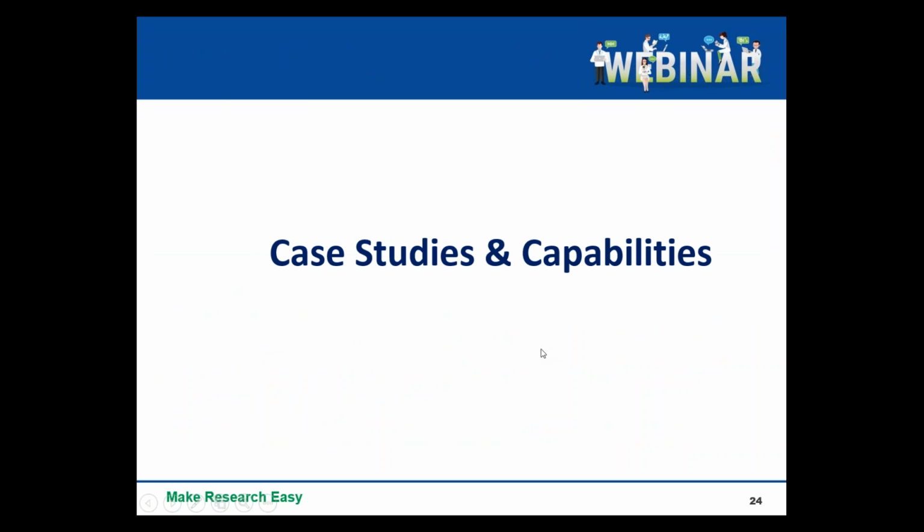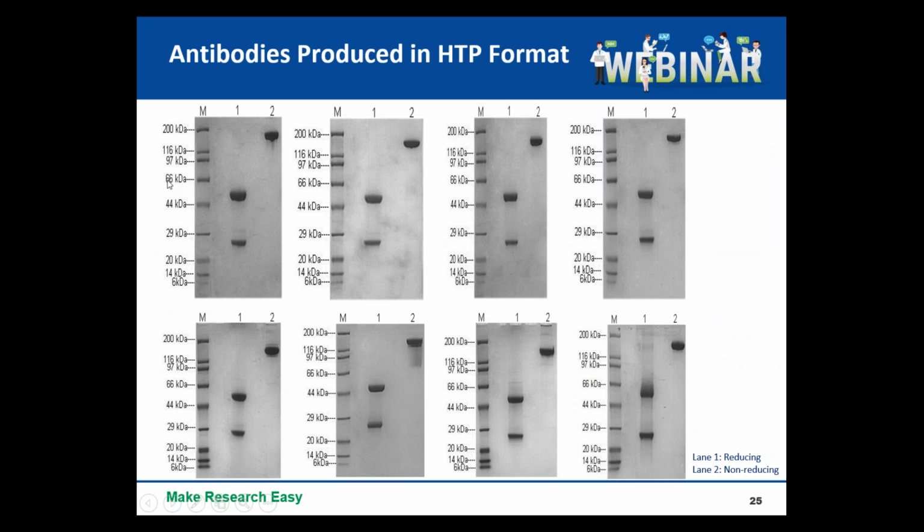So now with that, we'll take a look at a few case studies and capabilities. These are essentially SDS-PAGE gels of antibodies that are produced in a high throughput format. Again, you see very nice and clean reducing and non-reducing lanes. So essentially, you would order a high throughput service from us.